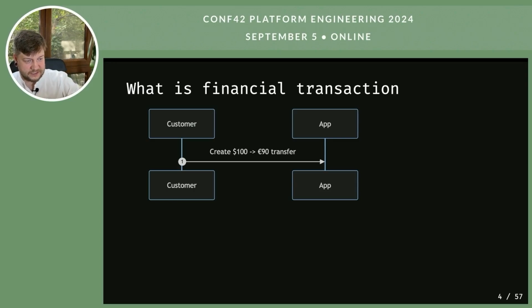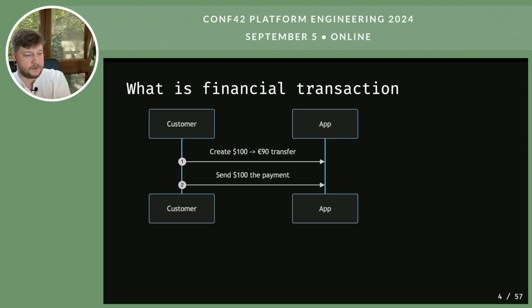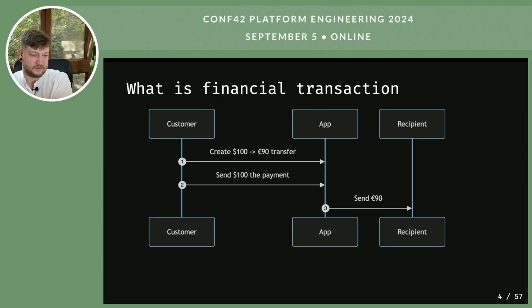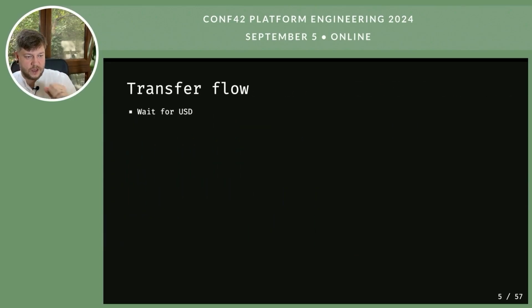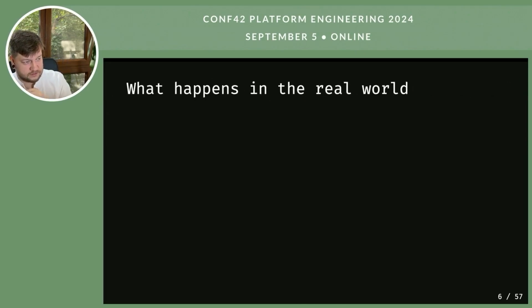You're creating the transfer in our app. You send a $100 payment to our app, and we send euros to your recipient. Let's simplify it a bit. We are waiting for dollars, we run some checks, we send euros. Sounds simple, right? But in fact, what happens in the real world?